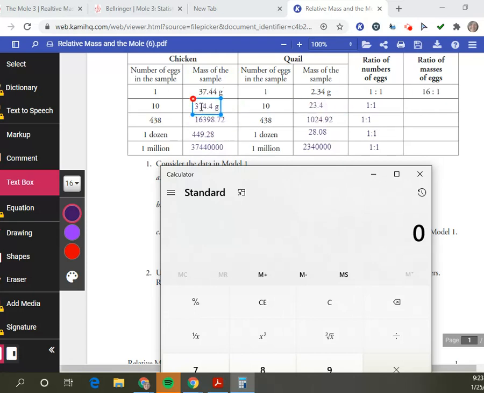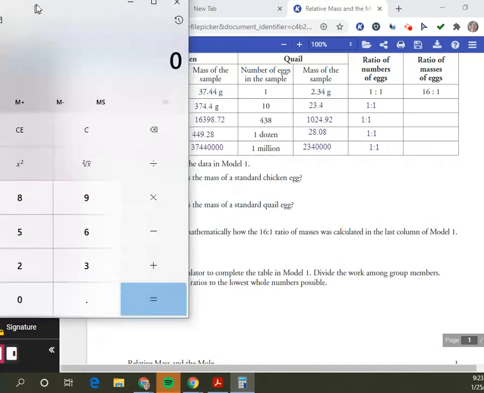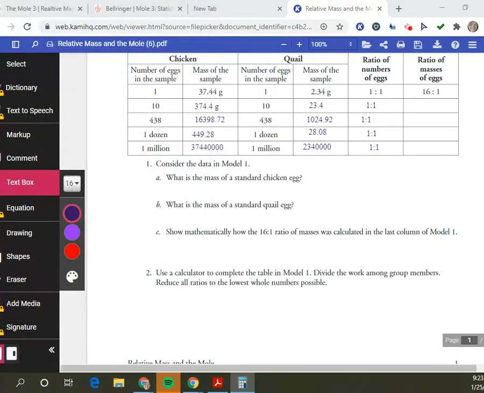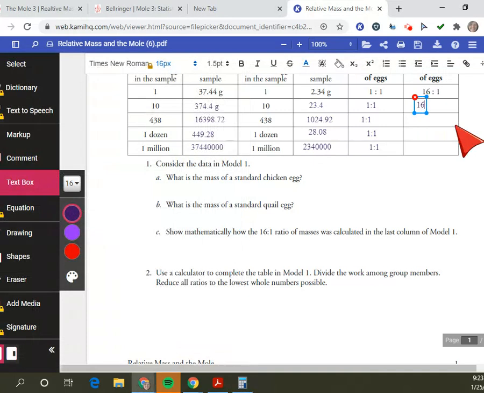So we're going to go 374.4 divided by 23.4. We got 16 again. So it's 16 to 1.